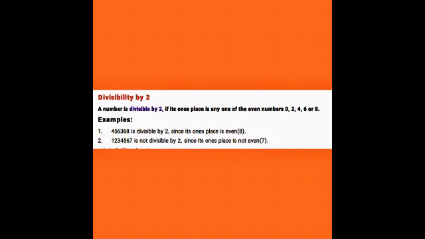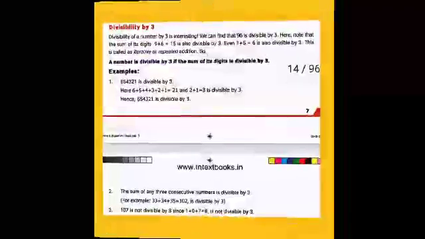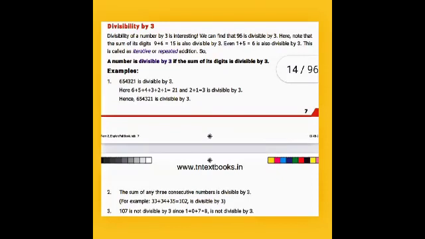Move on to the next, divisibility by 3. Divisibility by 3 means we have to add all the digits of the given number. Consider the example 96.